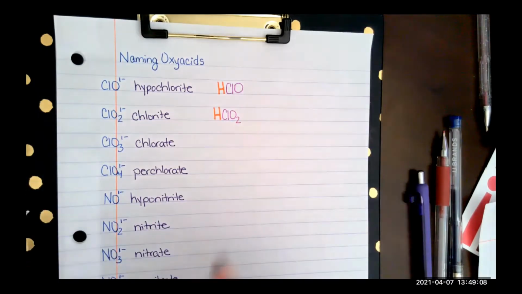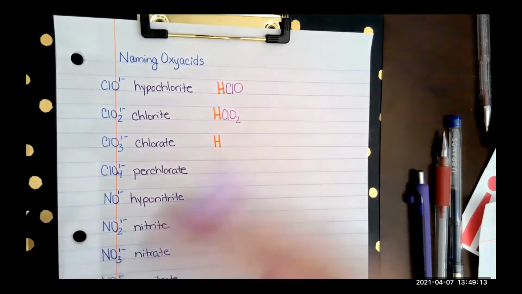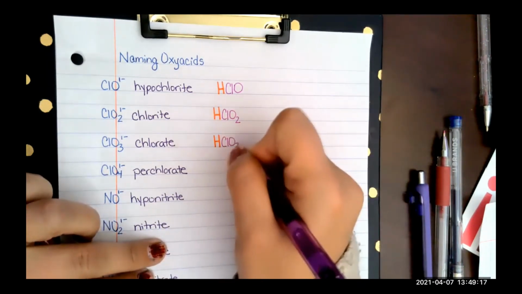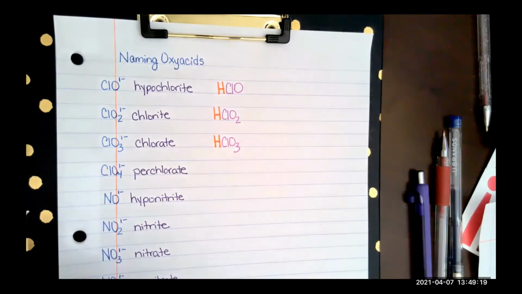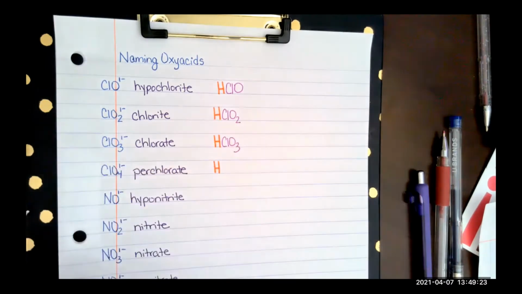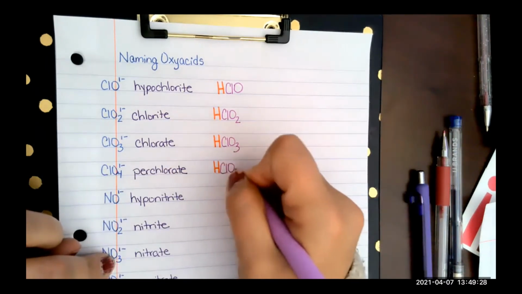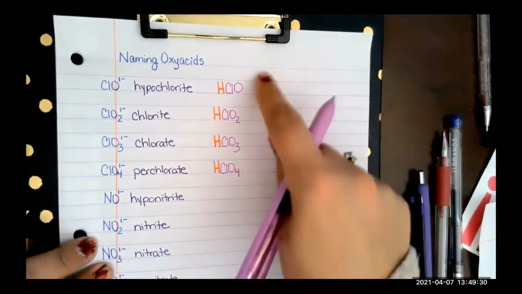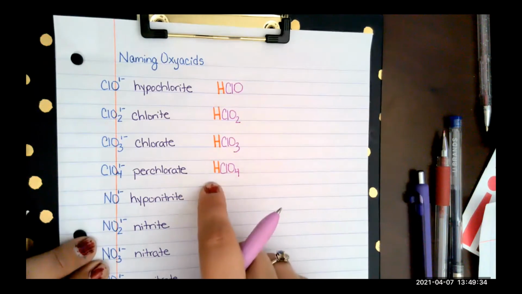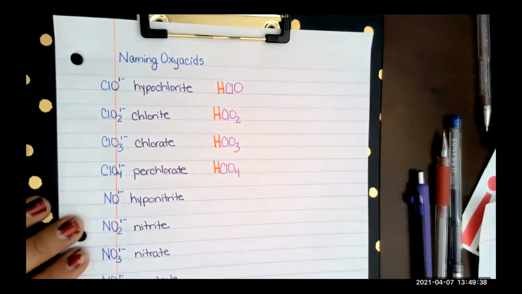For chlorate, it's H, ClO3. For perchlorate, it's H, and the charge is 1, so it's ClO4. And then you have your nice balanced compounds. The hydrogen always goes out in front, and the hydrogen with a polyatomic shows that it's an oxyacid.